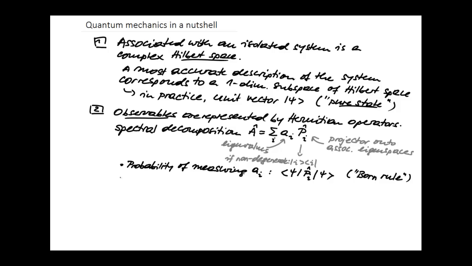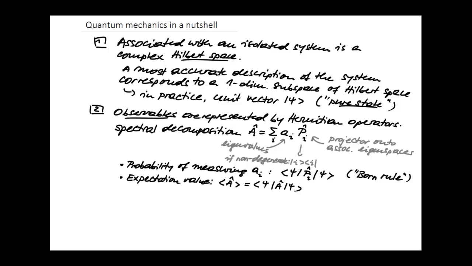What's the expectation value of an observable A? This is, of course, you take the bracket combination <psi|A|psi>.